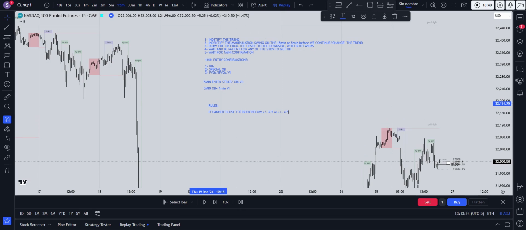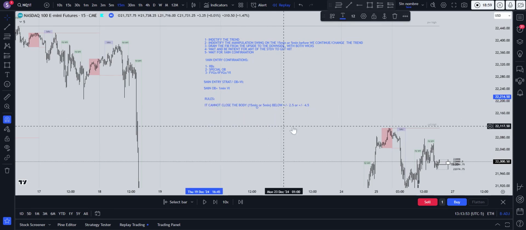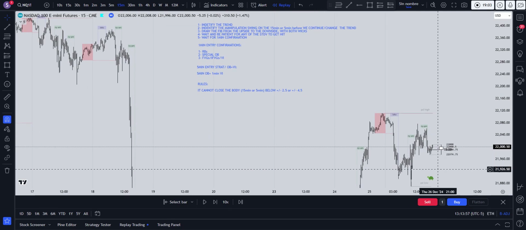So if the body of the 50 minute or 5 minute closes below these points, we're going to change our bias, right? Just as I said in the other videos. So this is going to be the main rule, which is going to invalidate it.